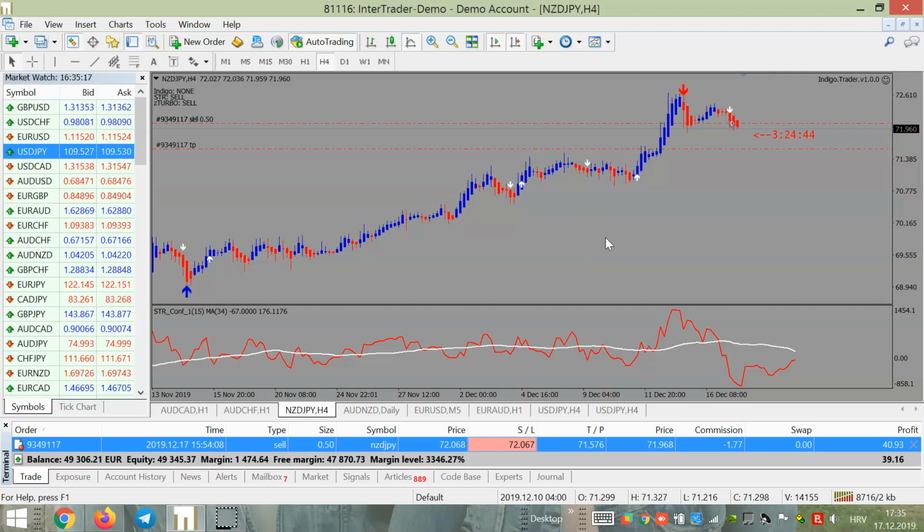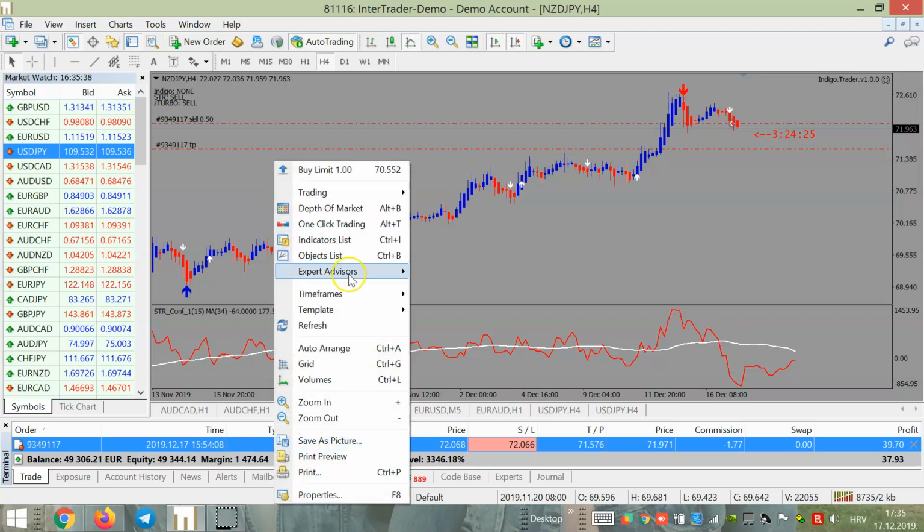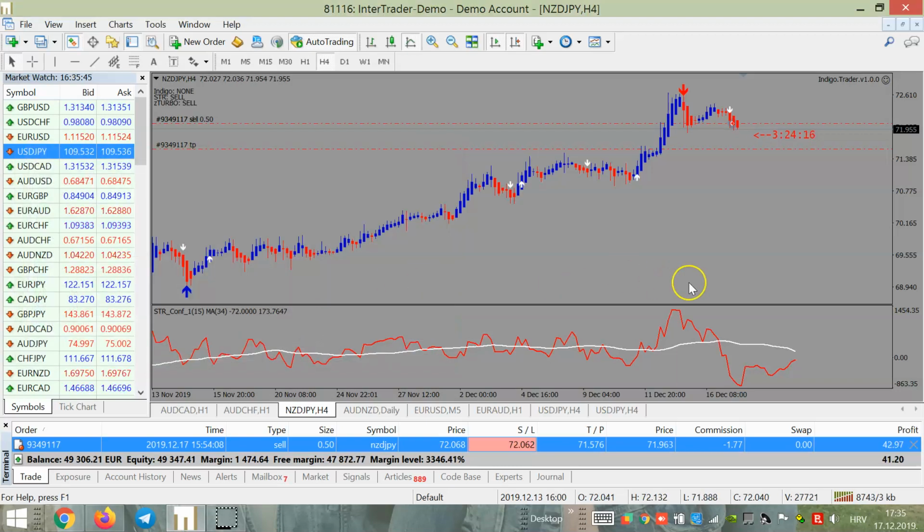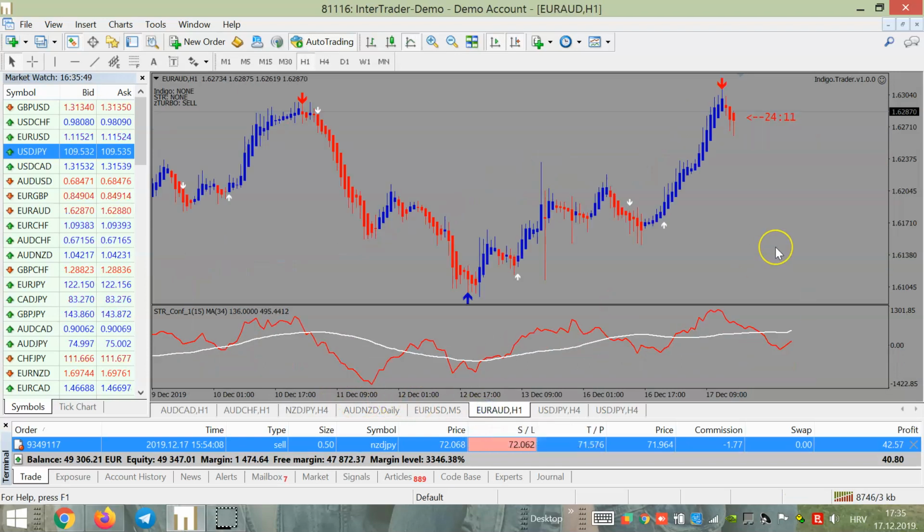I suggest that you, first of all, try it on a demo account, and then after maybe a few weeks of testing with all pairs, time frames, with the settings you like, take profit higher or lower, or as I said, with this function close opposite signal, so that the trade will be closed only with the opposite signal.